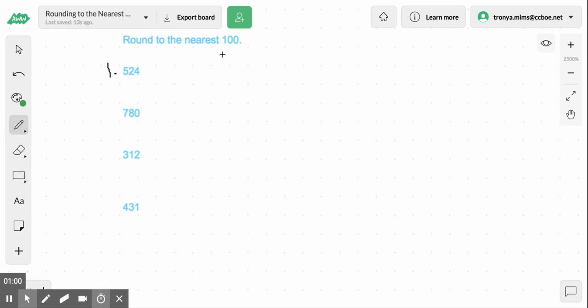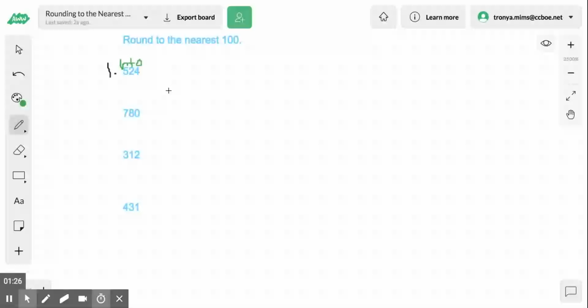So in order to find the hundredths place, what I recommend you do is to label each digit in your number. We're going to start at our farthest right. So we're going to put ones. Then we have tens. And then right beside the tens place, we have the hundredths place.